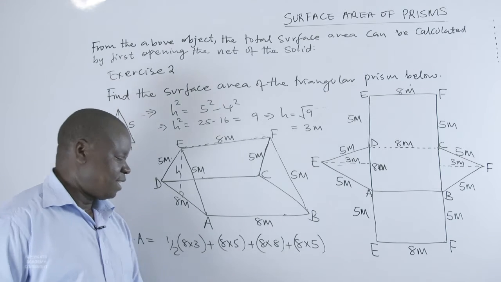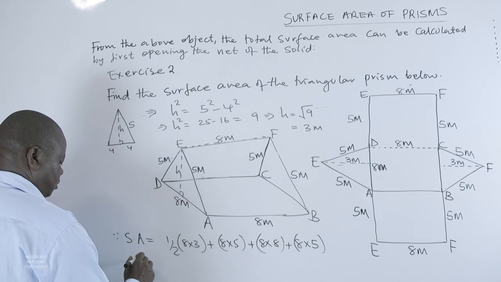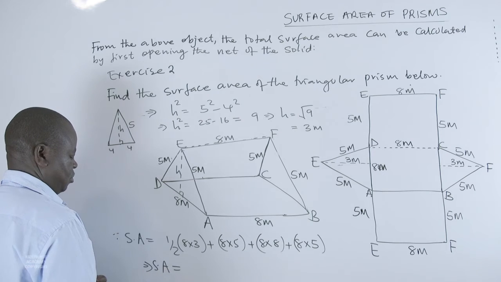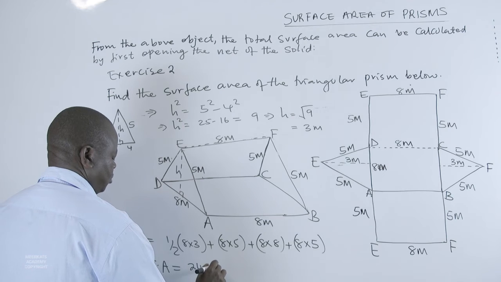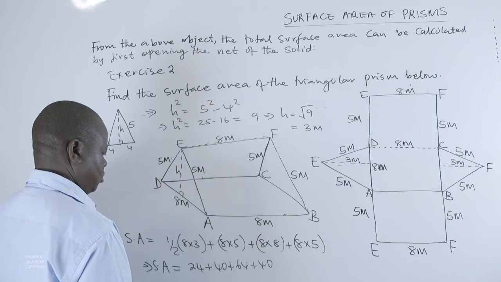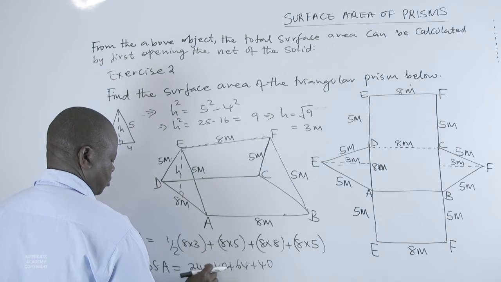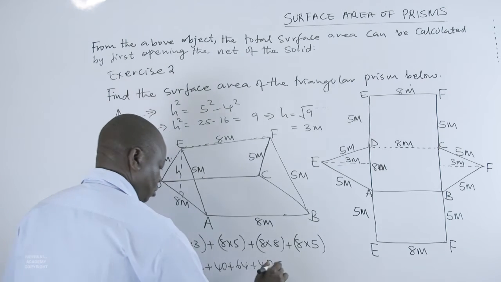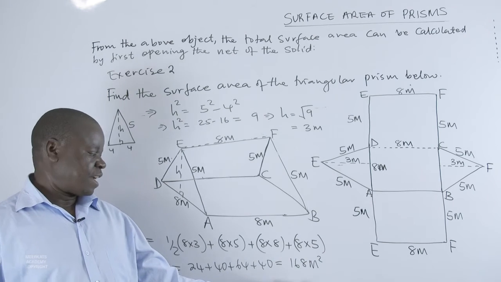So we insert in the formula we derived, and we get the area as 168 meters square.